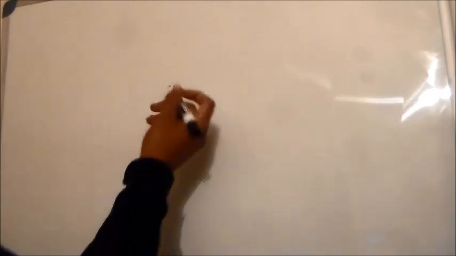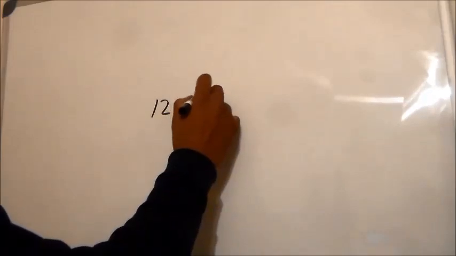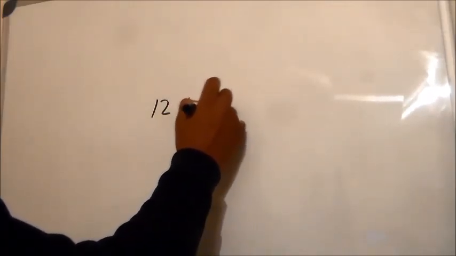Another method I'd like to show you, and you don't have to use it, it's just something I like to show. The way I do mathematics is, let's say I had 12 times 13.